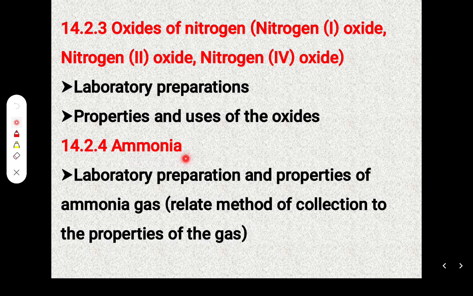And then we look at ammonia, with respect to laboratory preparation and the properties of ammonia gas. Relate method of collection to the properties of the gas. How a gas is collected, remember, depends on its properties.